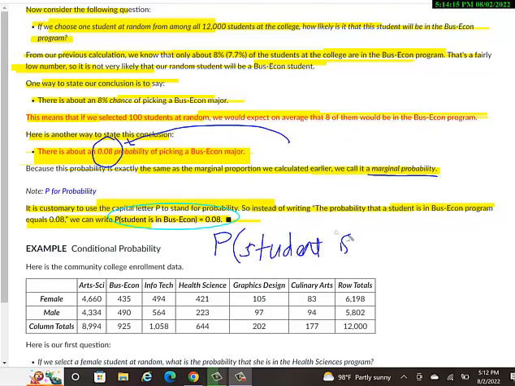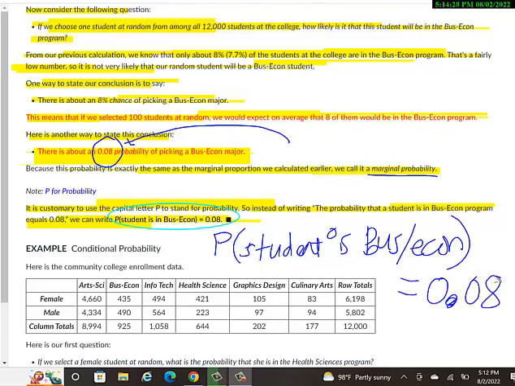Student is in business economics. So it's in parentheses. P represents probability. Whatever's in parentheses is what you're trying to calculate the probability of. Equals is, and then you want to write the decimal form of the percentage, or the proportion, I should say.